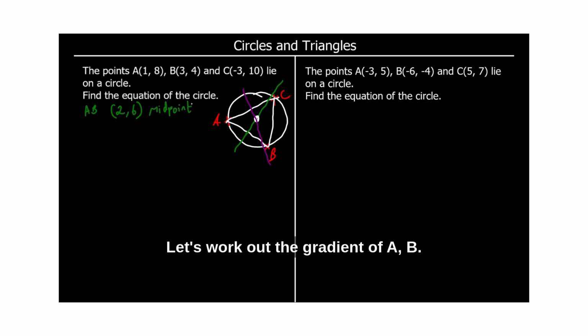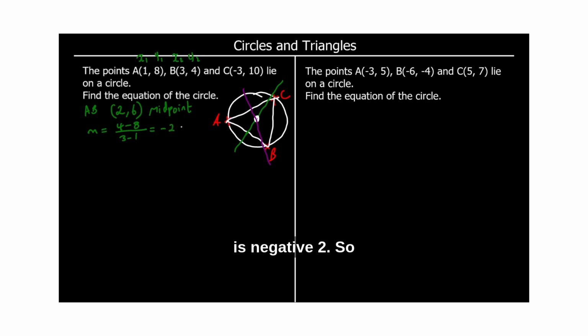Let's work out the gradient of AB. And then the negative reciprocal of that will be the gradient of the perpendicular bisector. So y2 minus y1, 4 minus 8, over x2 minus x1, 3 minus 1. So negative 4 over 2 is negative 2.